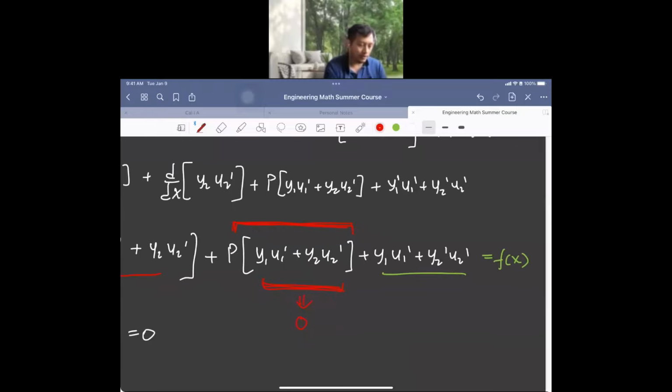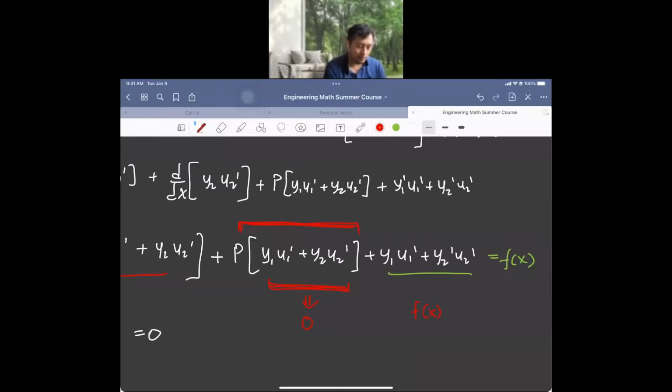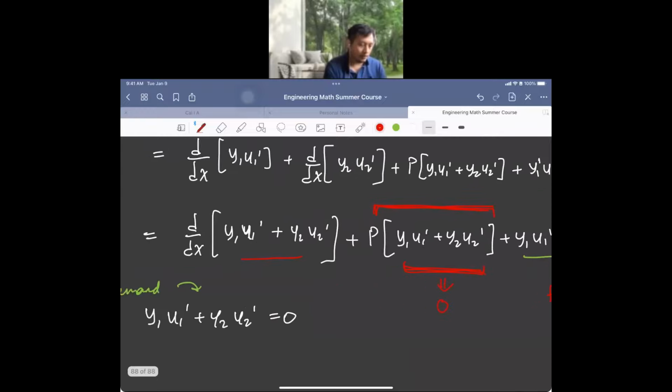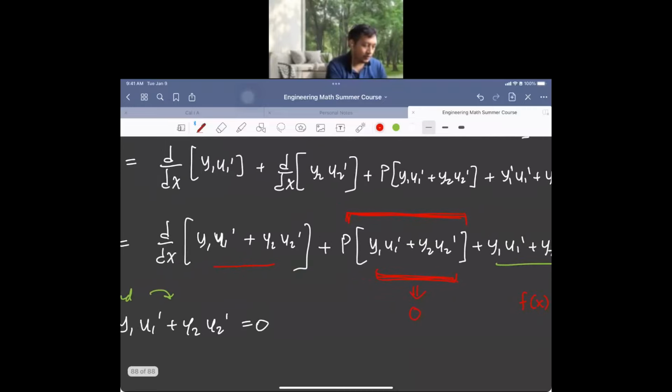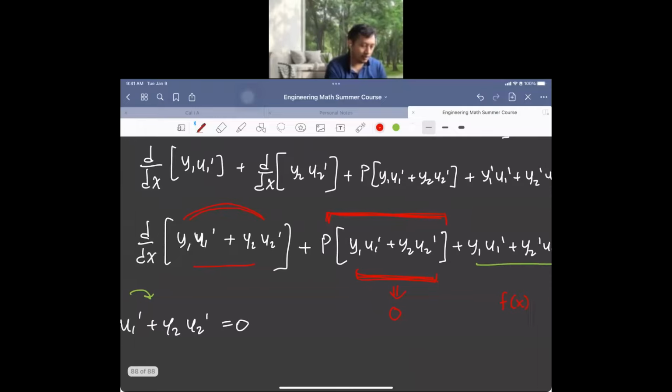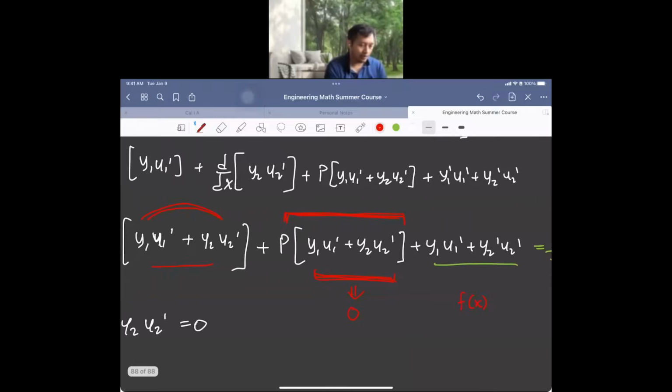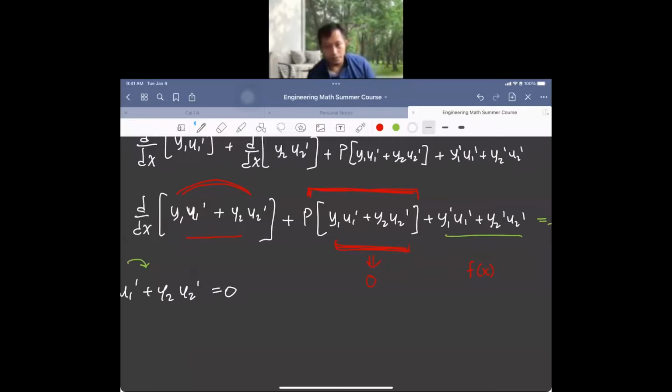So if we have this as f of x here, then we figure out that because we have this in terms of differentials, it is the same thing as we have from this one. Oh, it's supposed to be y prime. Then we can solve the entire equation.